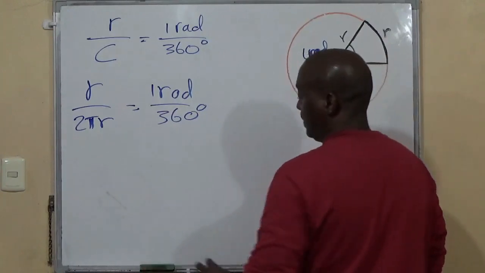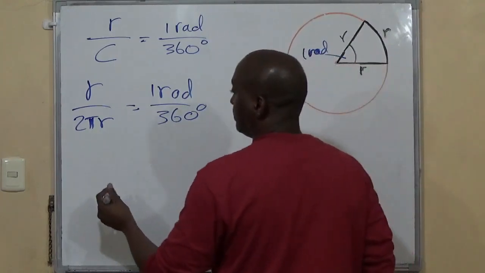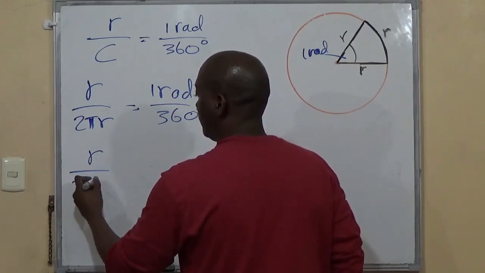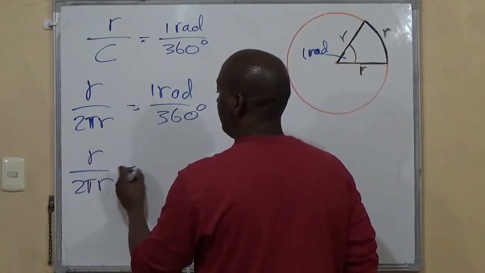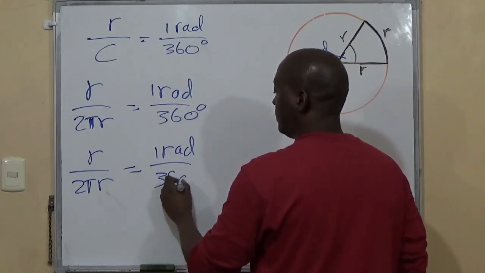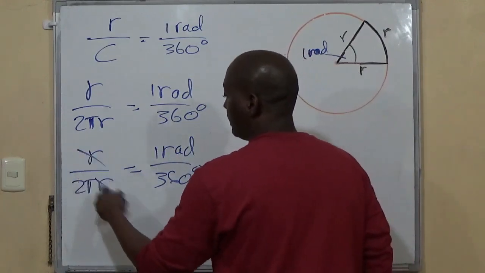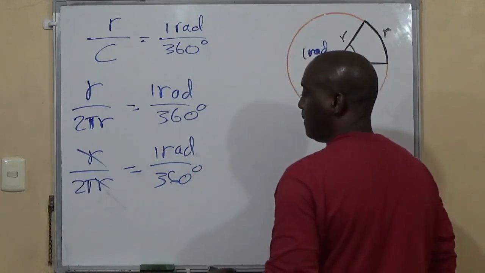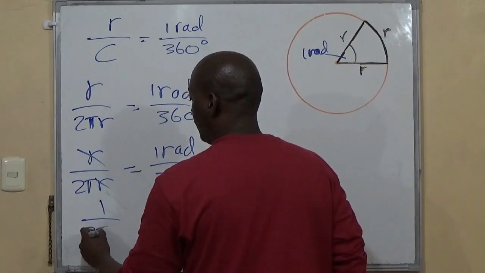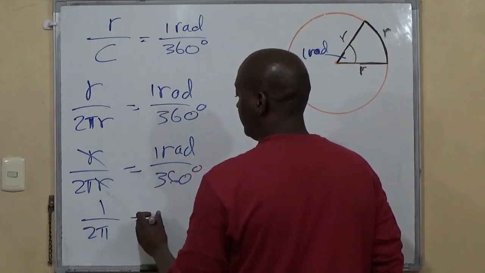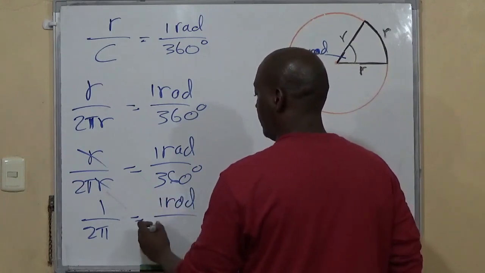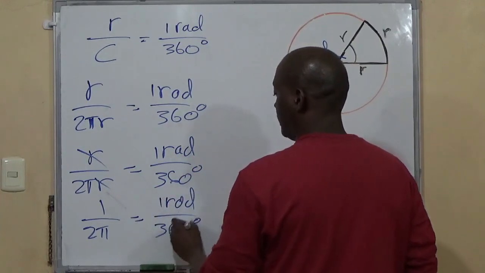We cancel the r's. The r would cancel out over the r there. So you'll have 1 over 2 pi being equal to 1 radian over 360 degrees.